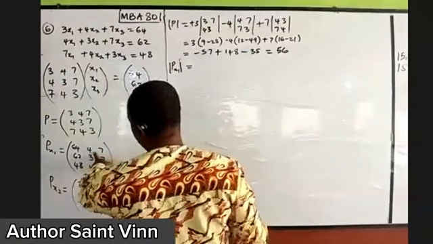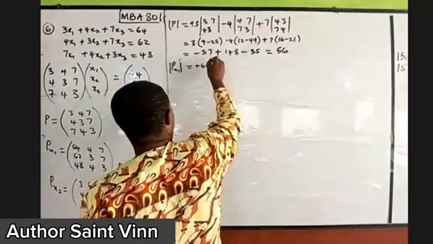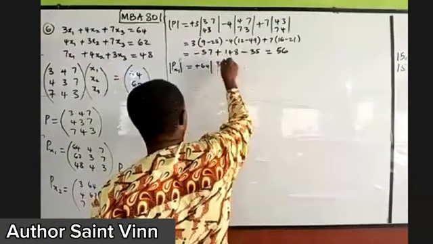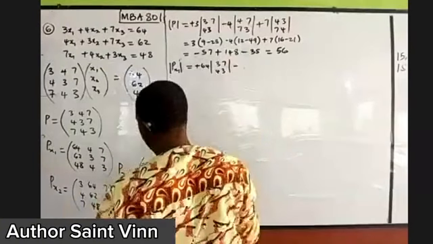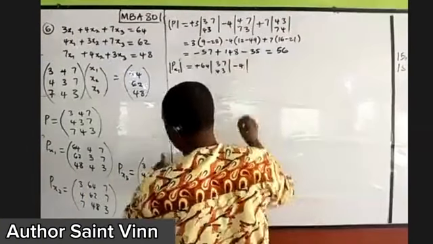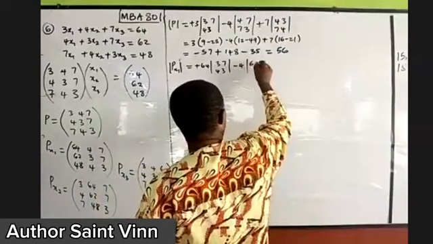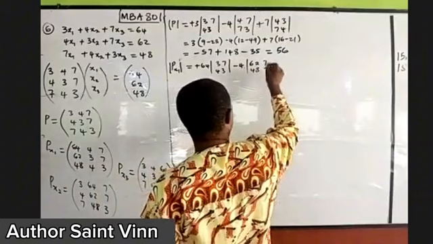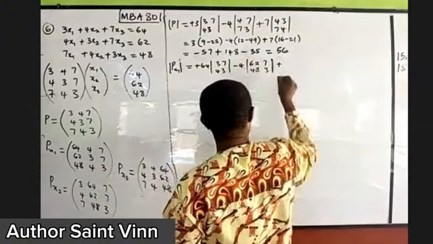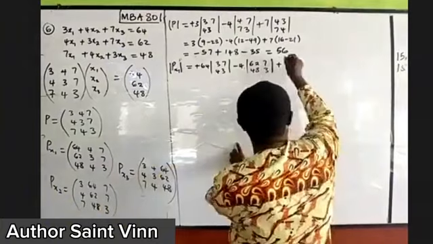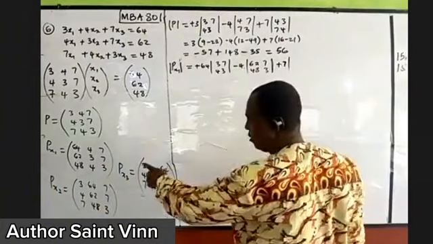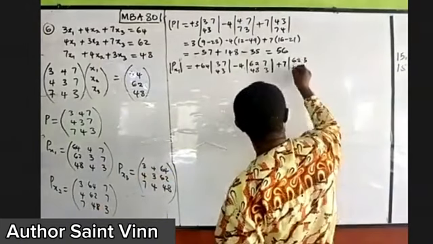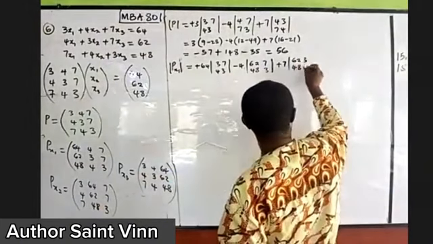This is the next one, the determinant of PX1. Plus 64 times the minor 3, 7, 4, 3, minus 4 times 62, 7, 48, 3, plus 7 times 62, 3, 48, 4.